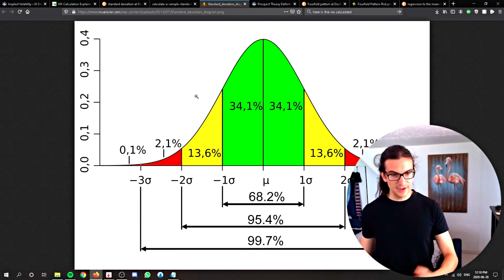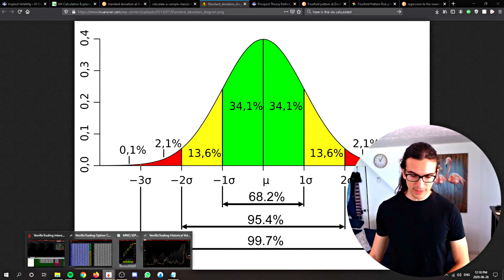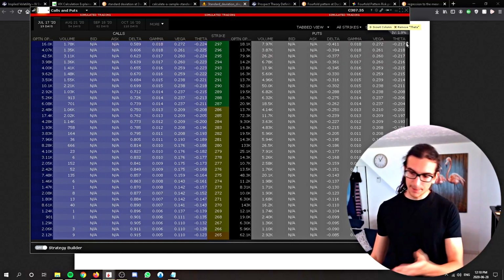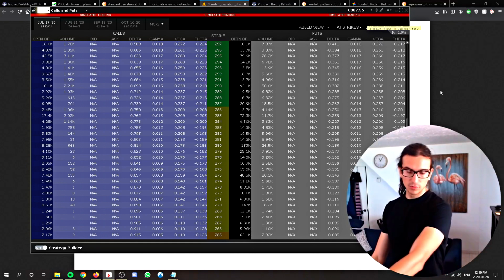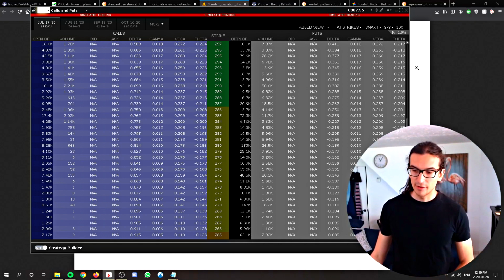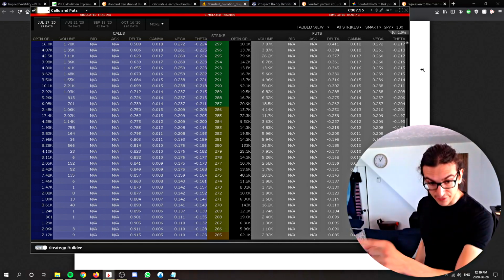So when I say the VIX implies a one standard deviation move, what this number right here, this 1.9% IV, means is that for every single day that this market is trading, 68% of the time, it should move 1.9% every single day. Now, remember, that's the forecast. That's not reality. That's what the market is forecasting.